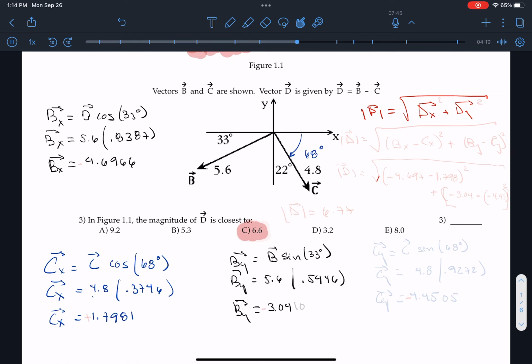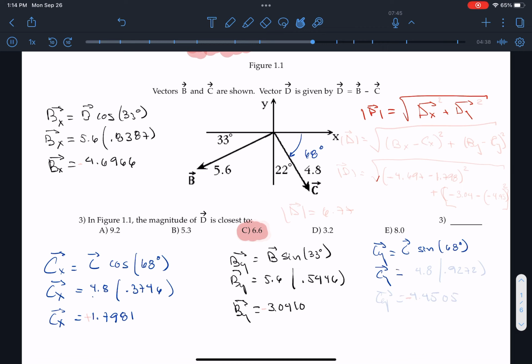We could say it is 3.041. The y component of vector c is the length of c times the sine of 68 degrees.